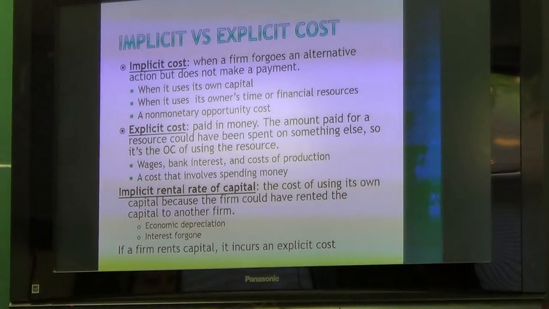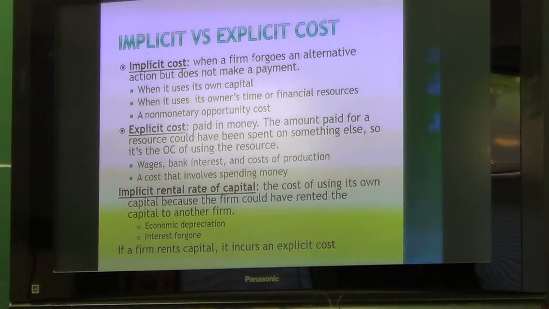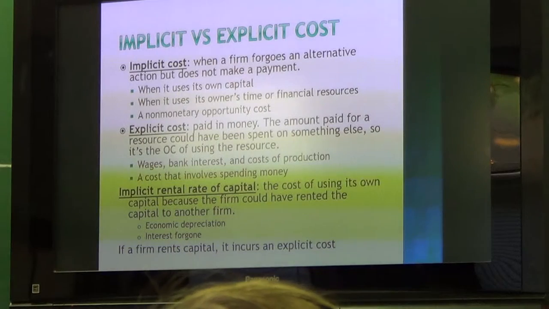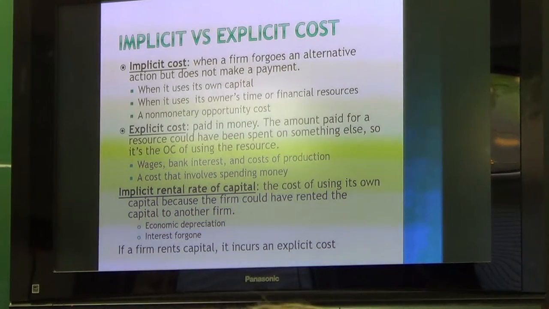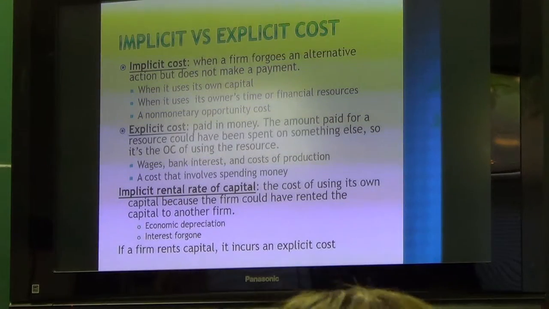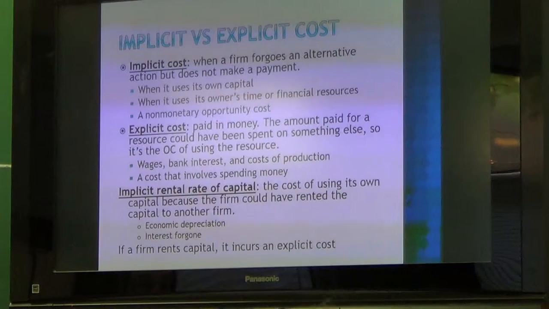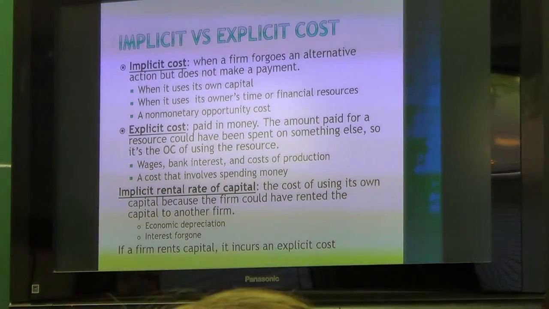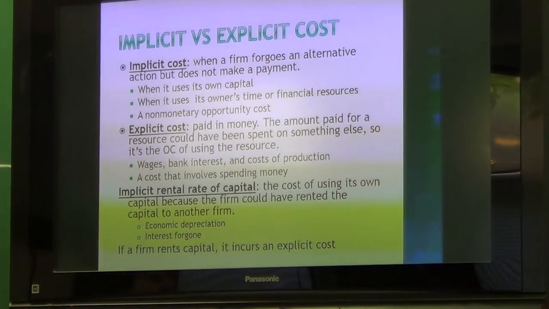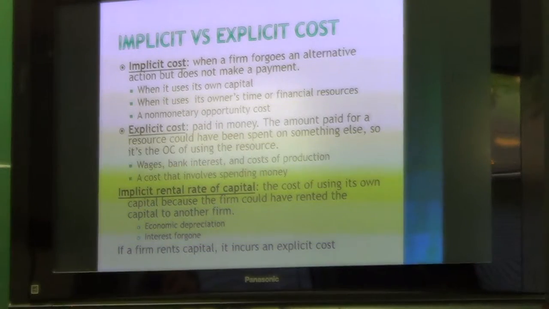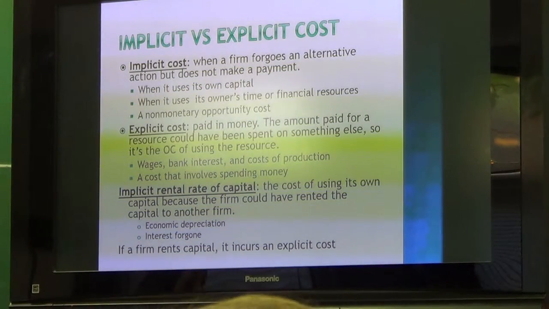And then the implicit rental rate of capital. So again, the cost of using its own capital because the firm could have rented the capital to another firm. And so with that, you have economic depreciation and then also interest foregone. So because they chose to use their resources instead of rent them, they now have economic depreciation on those resources.